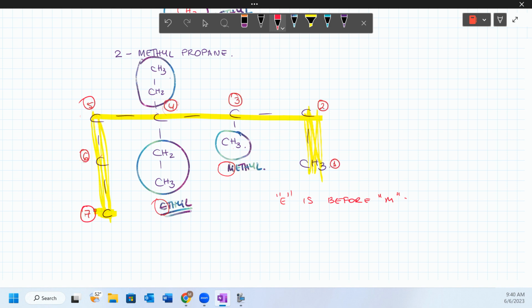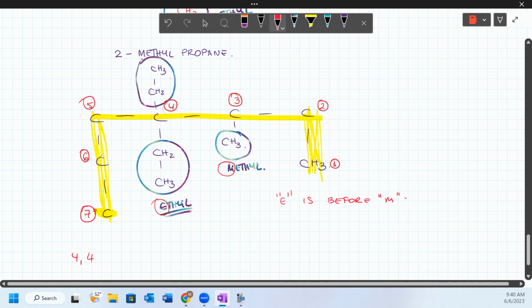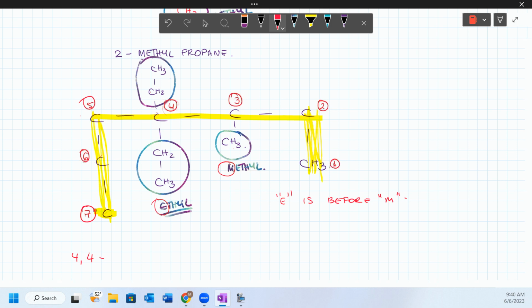So we'll start with the place. 4, 4, even though they are the same numbers, we have to state them. And since we have 2 ethyl on this carbon, we'll go diethyl. And then on the third place, we have a methyl.